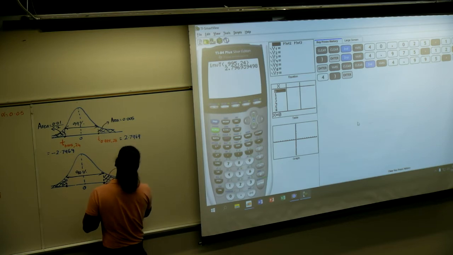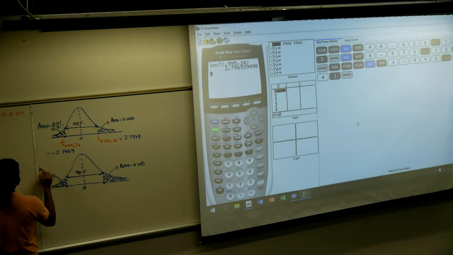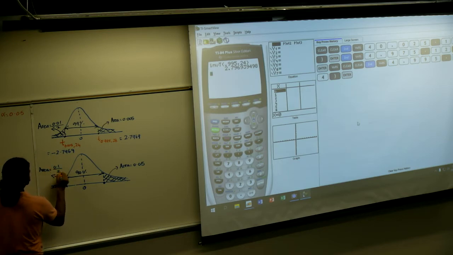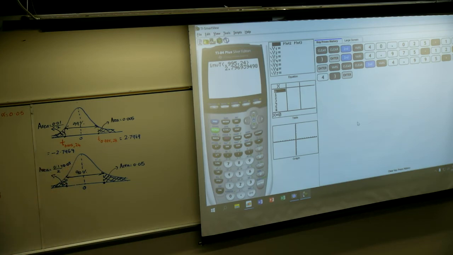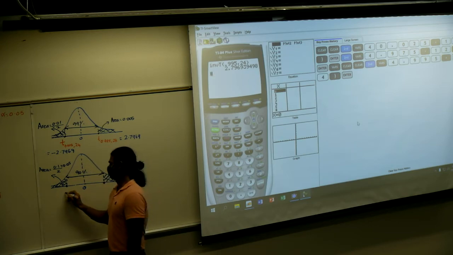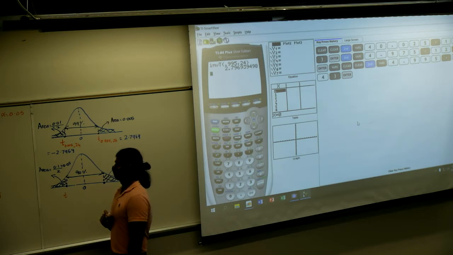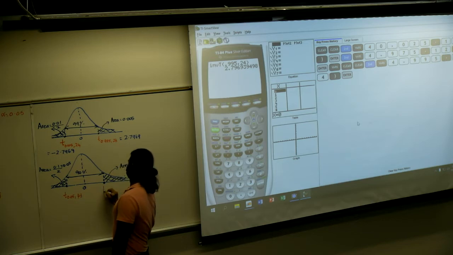So the area here, 0.1/2 is just 0.05. Good. In terms of notation, what should the notation be over here? 0.05. Good. The other side is 0.95, 43.